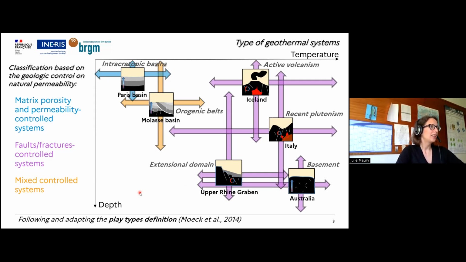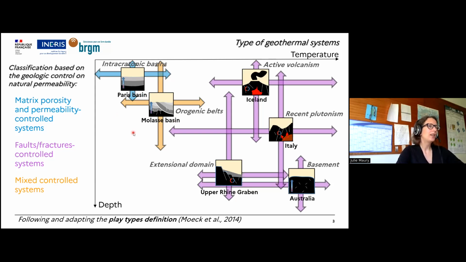The first category is a matrix porosity and permeability control system, the blue one, that are the less deep and less hot, like for example, sedimentary basins such as the Paris basin. Next, there is a mixed control system, such as the Molasse basin.